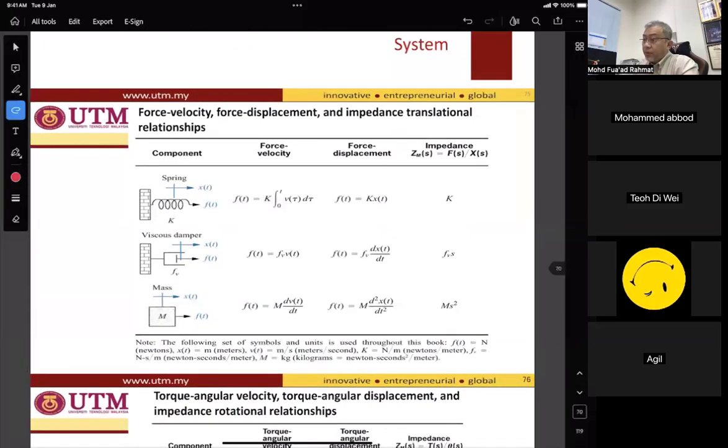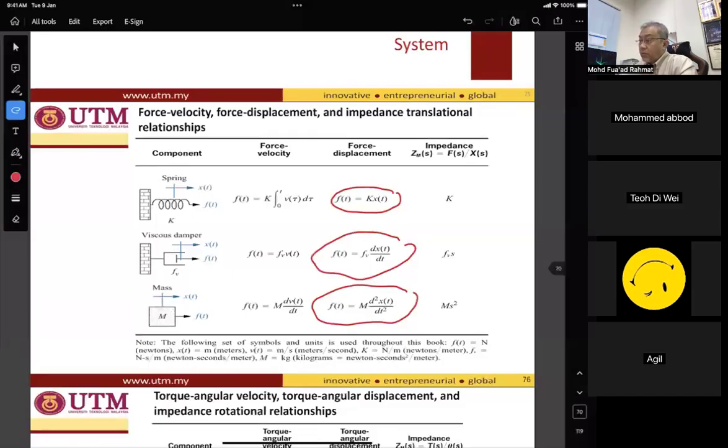Okay. We are still using the force displacement formula, which is for spring, F is equal to kx(t). For damper, F is equal to b dx/dt. And for the mass, F is equal to m times acceleration of the displacement.